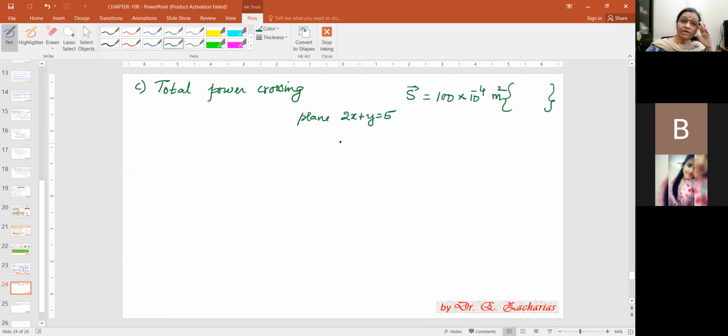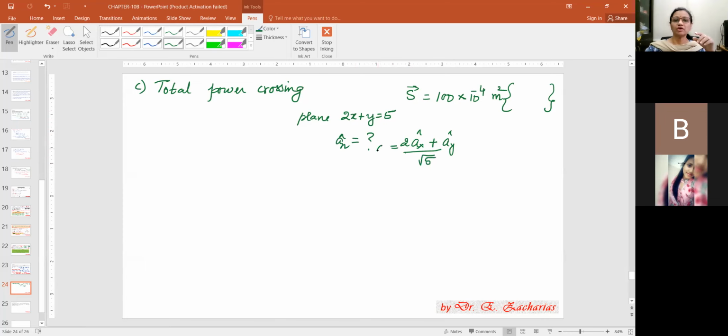What will be the direction of a unit normal to this plane? From mathematics, the direction of the unit normal to this plane is 2ax cap plus ay cap divided by the modulus of this. That's under root of 4 plus 1, so under root of 5.